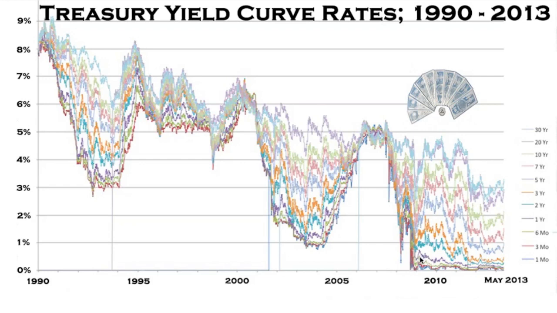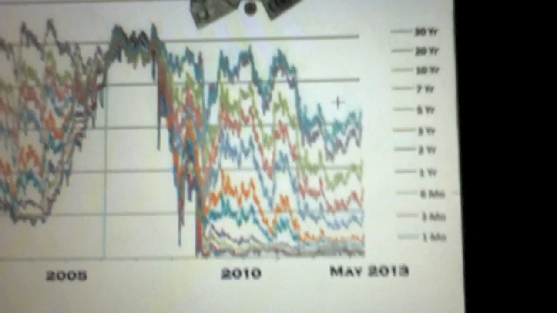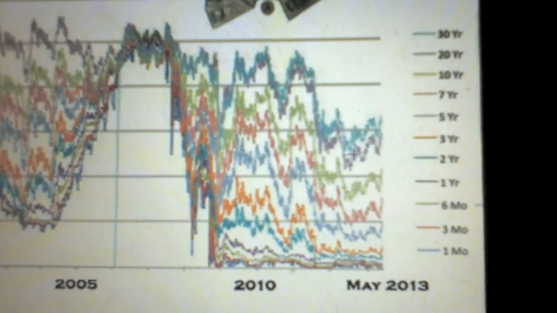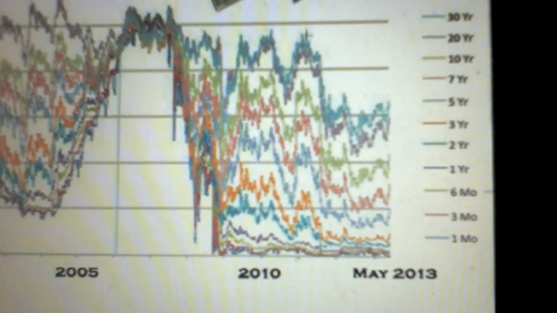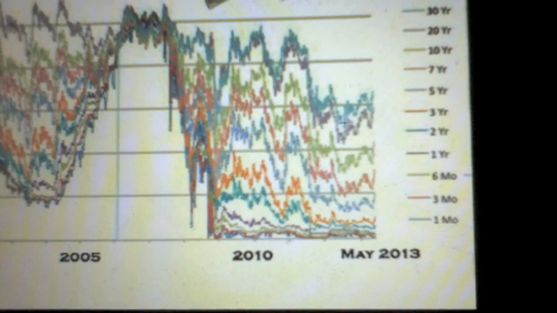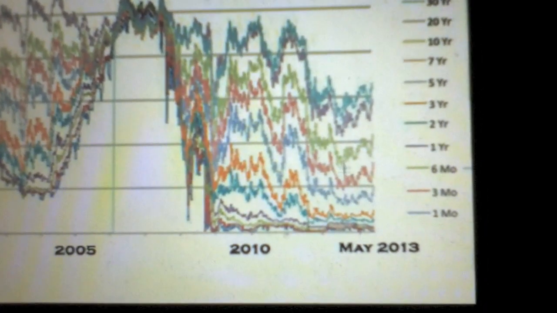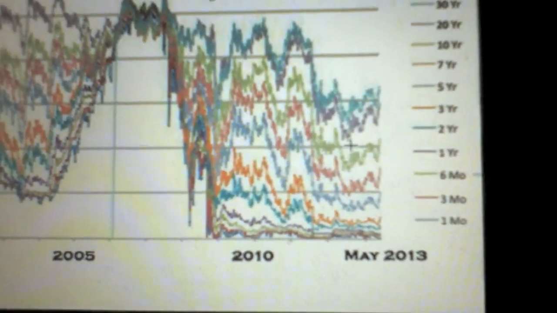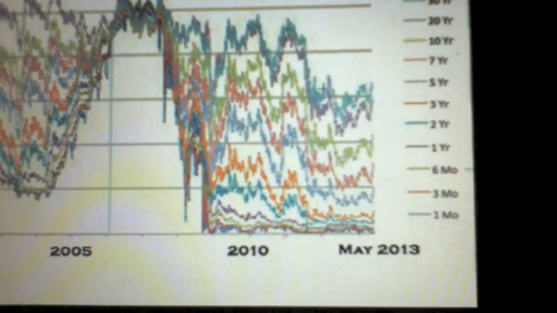So look, you can see up to the purple, and even the 2-year. These are just all smashed down here. When you are looking at these graphs, it is best to use the higher year bonds just to figure out what's going on, because they show more.